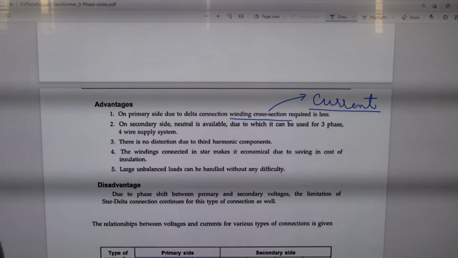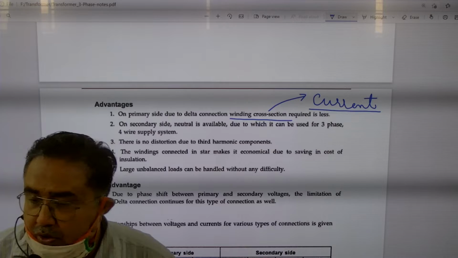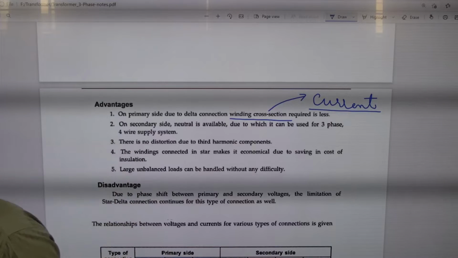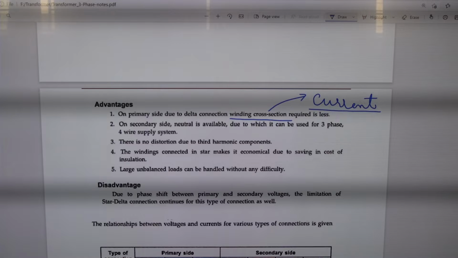For heavy loads like a geyser, you may go for 2.5 mm square. Even for small bulbs, nowadays LED bulbs, you can go for even 1.0 mm square.